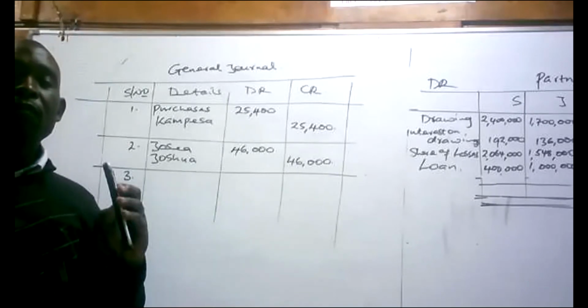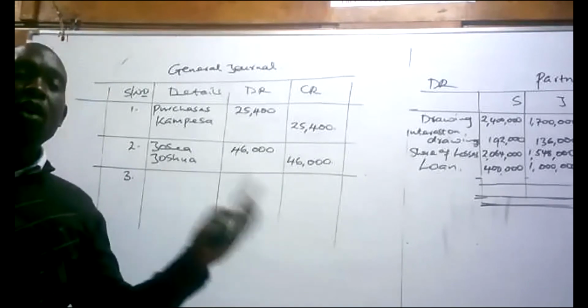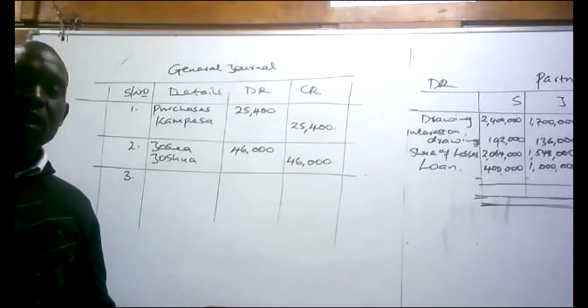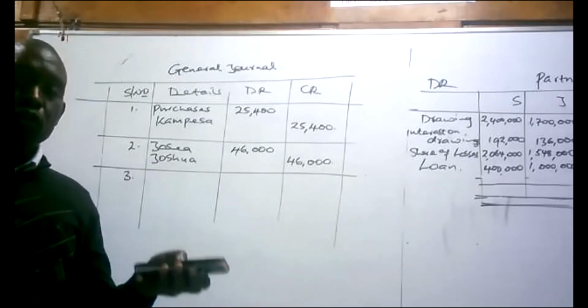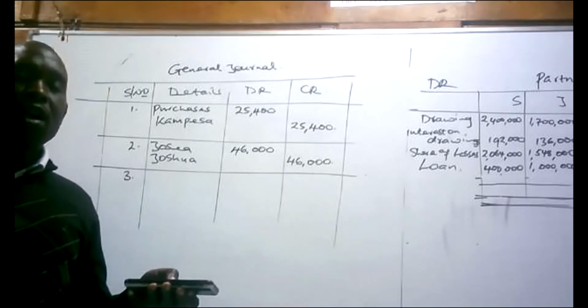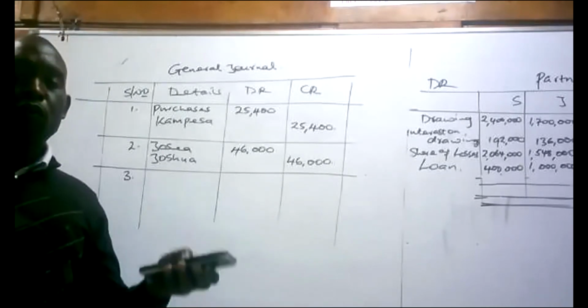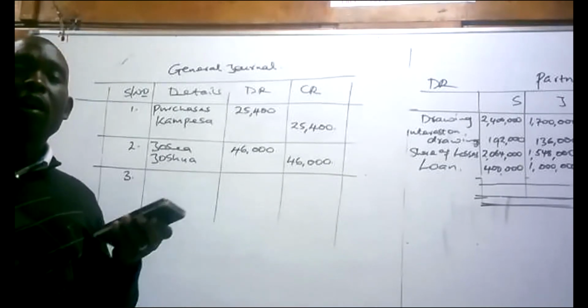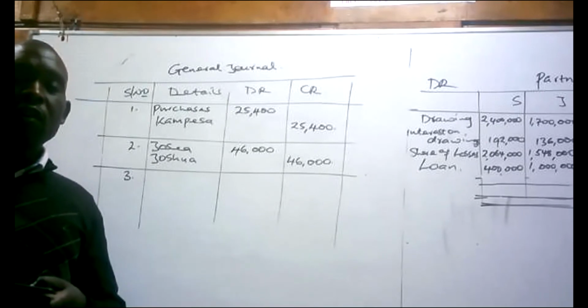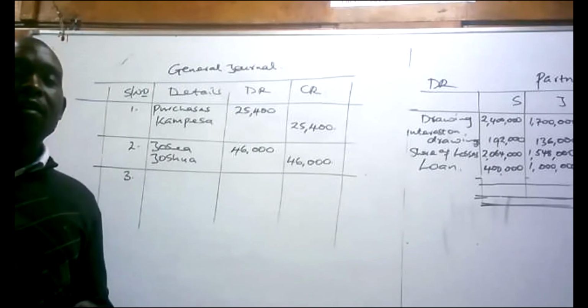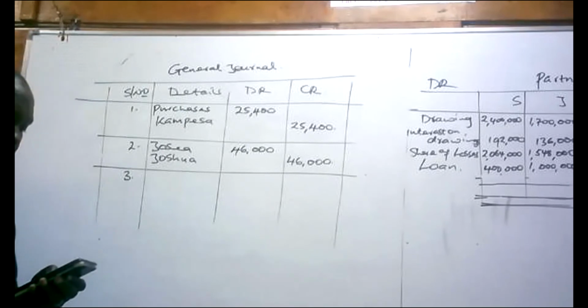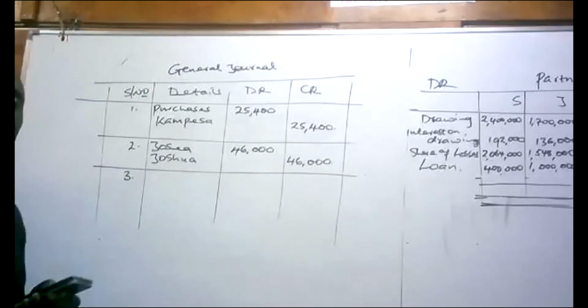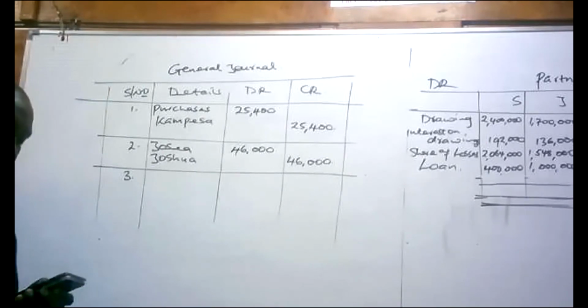Why double? The first portion of the amount is to cancel the wrong entry that was made. Then the second half of the amount is to post on the correct side. So you are canceling the wrong figure on the other side and posting at the same time. So here, 14,700 times 2 comes to 29,400.